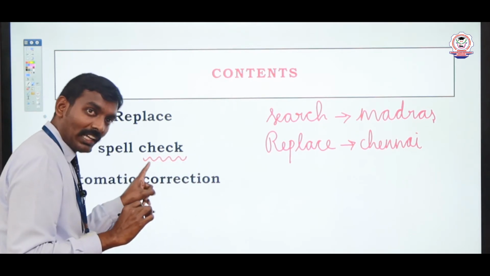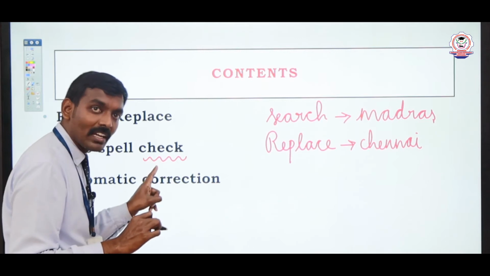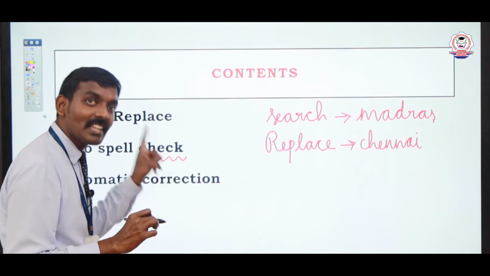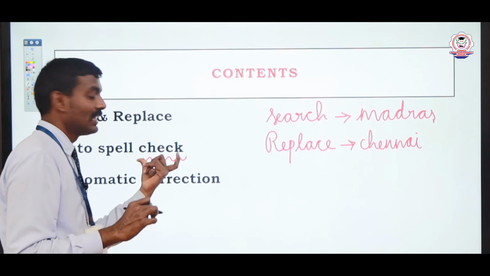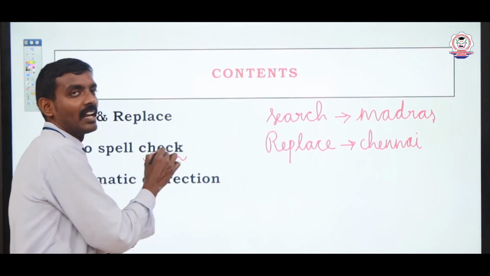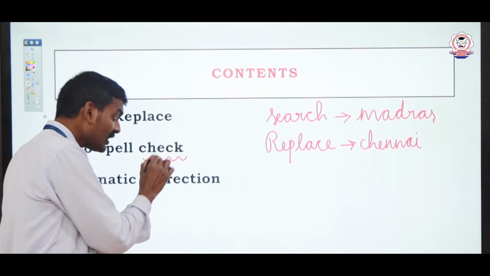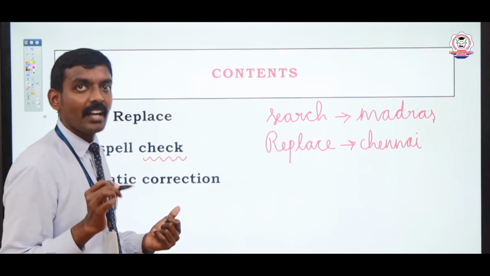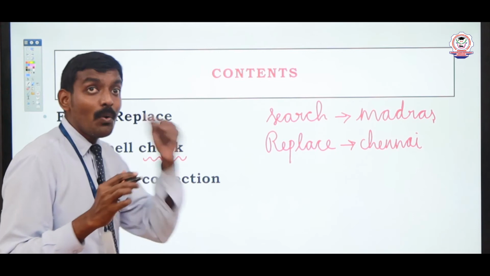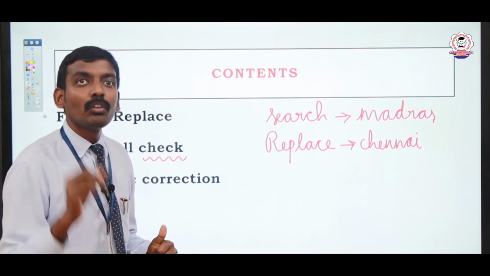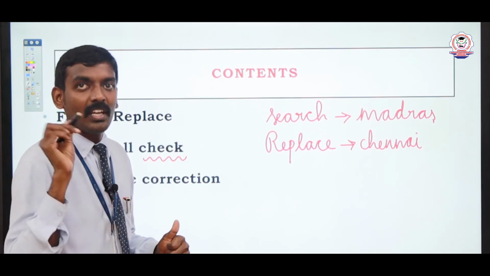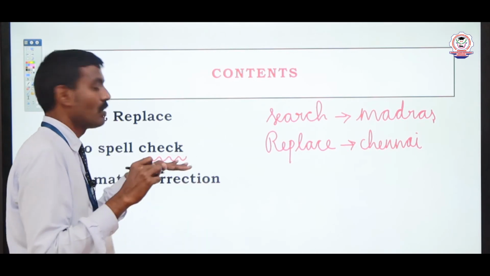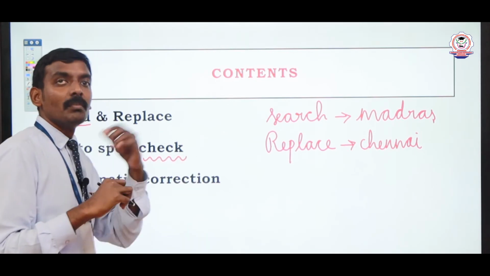This is the squiggly red line which is used to identify any error in that particular word, but in this word there is no error. Here, how can we find the error? The auto spell check icon should be on. In that situation only we can find the mistakes.